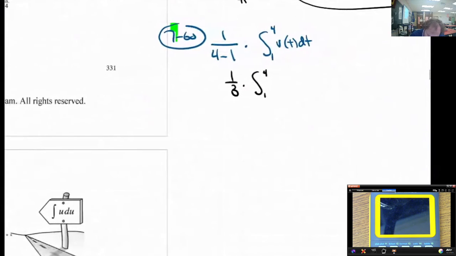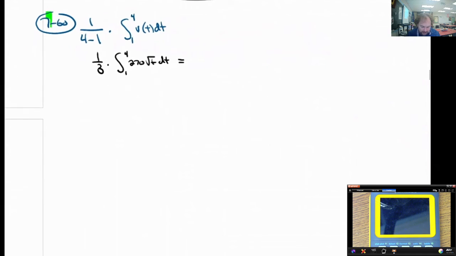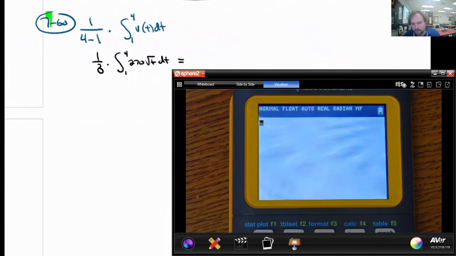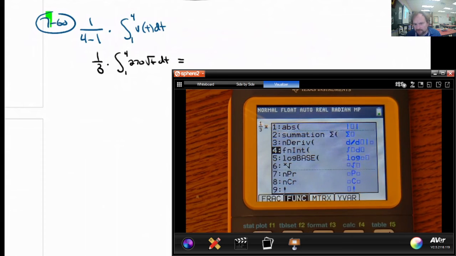Now, this one is not too terrible to do by hand, but at this stage on this assignment, let's just use the calculator for it. Again, it's good to review those steps anyway to know where the buttons on your calculator are. We're going to put 1/3 in front, times alpha f2 and grab our fnInt.